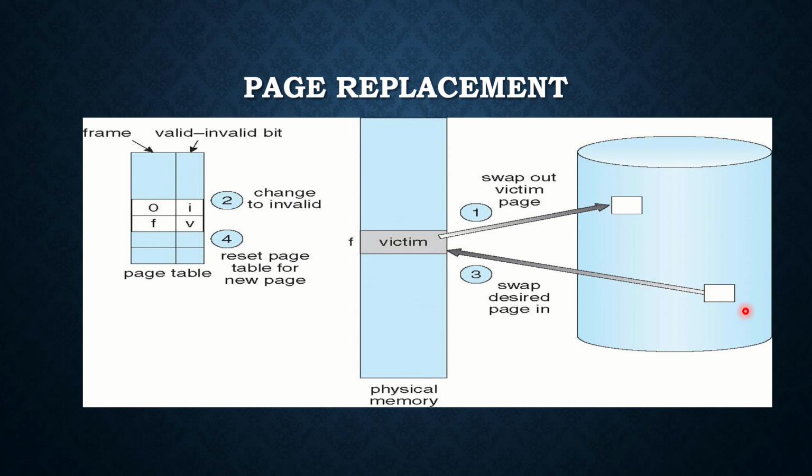Then it will swap in the desired page we want to execute. Here, suppose O is the desired page, it will swap the desired O page into the physical memory, and once the swapping in has happened, O will be reset to V, the valid bit. F was the victim, so it will be reset to I. That is, once a page is there in the memory, it has a valid bit.